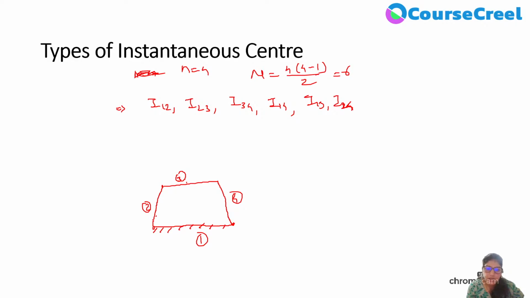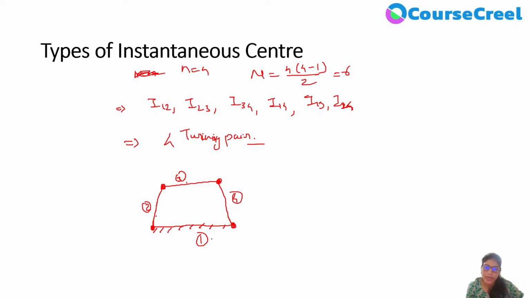Here we will mark all the instantaneous centers at the exact location. Suppose this link has 4 turning pairs: 1 and 2, 2 and 3, 3 and 4, and 1 and 4.